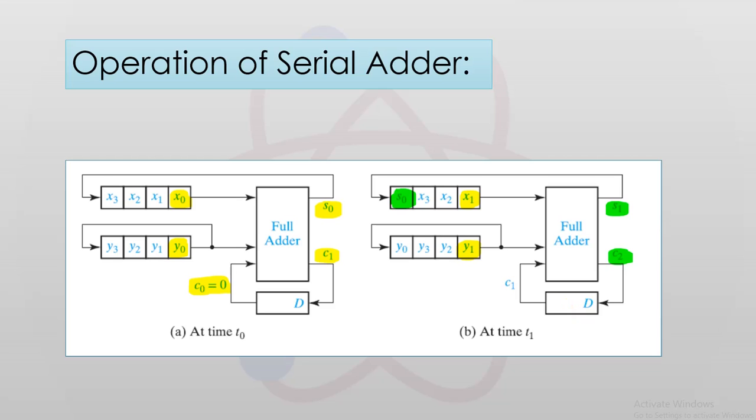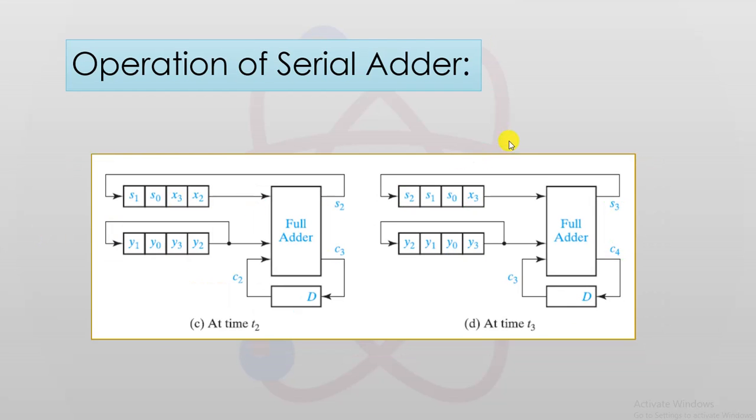So the bits that we have for the next set would be X2 and Y2. You can observe that in the time interval T2 the contents of the accumulator are S1, S2 and X3, X2, and the contents of the addend register have been shifted.